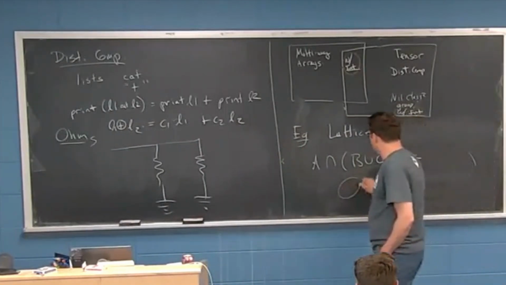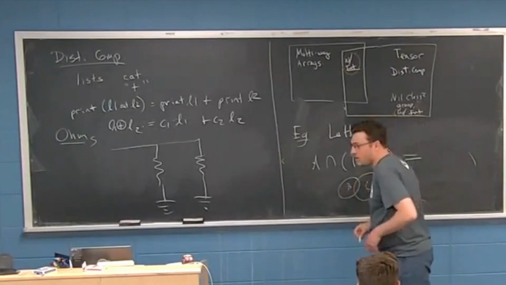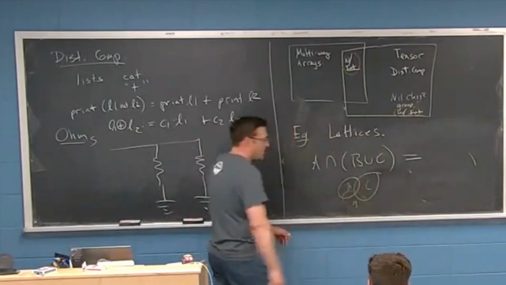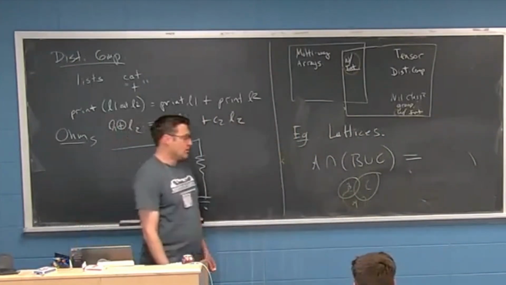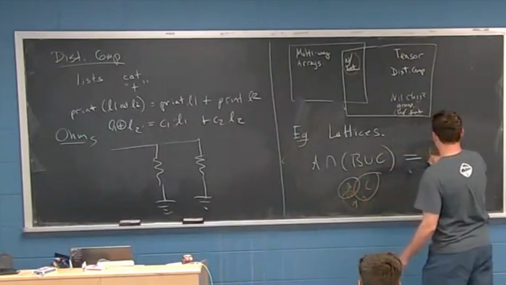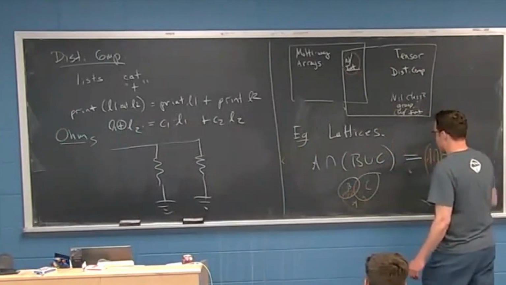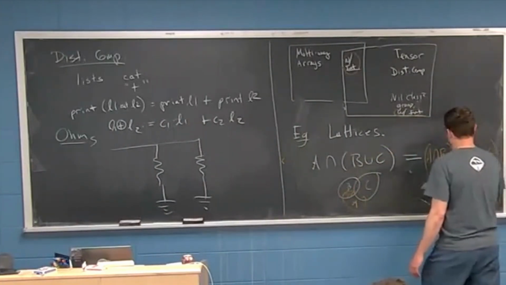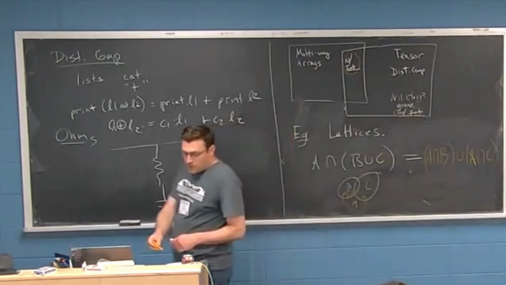I take B, I take C, there's their union, and then I intersect it with A, which will be this one here. There's my A. What do I keep? Well, I keep the part that A and B share, and I keep the part that A and C share. So it distributes. And that's a lattice property that you can explore.